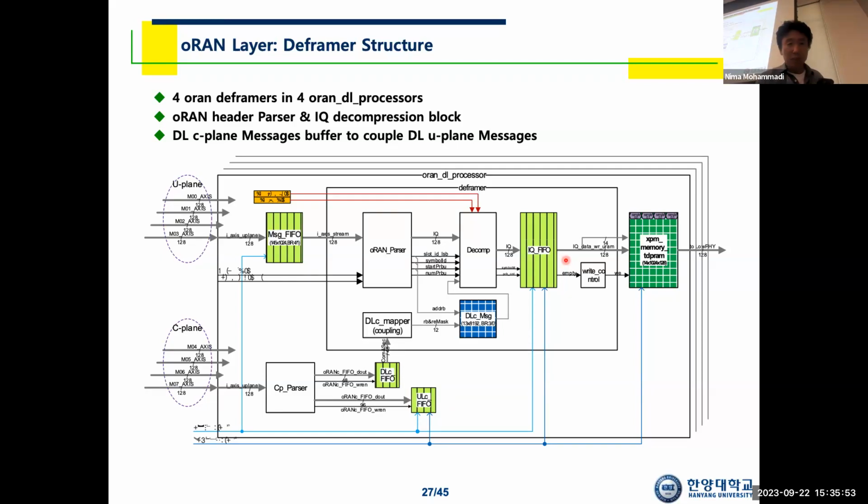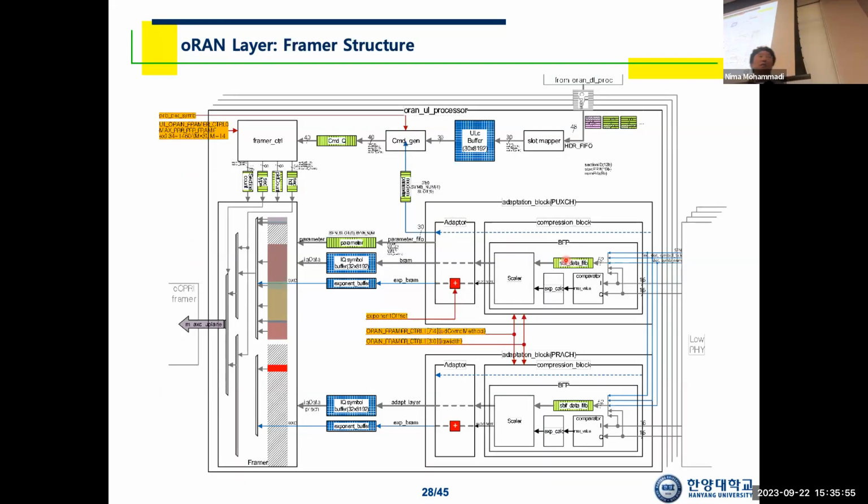This is how I implemented the uplink framer, the ORAN framer. When the radio unit receives the uplink signal from the user equipment, after frequency down conversion and A to D conversion, it performs the forward Fourier transform. I'm supporting 4x4 MIMO, so that's why I have 4 parallel processes, right?